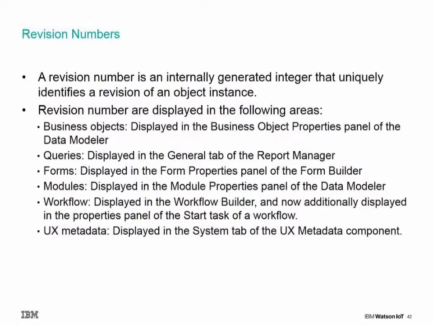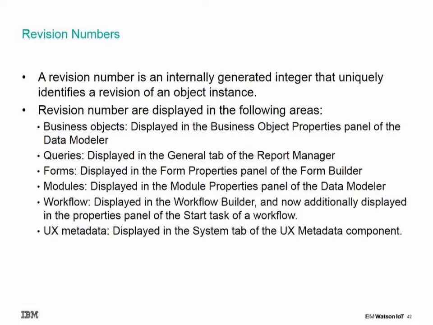Revision numbers. A revision number is an internally generated integer that uniquely identifies a revision of an object instance. Revision numbers are displayed in the following areas. For business objects, they're displayed on the business objects property panel in Data Modeler. For queries, they're displayed when the general tab is selected in Report Manager. For forms, they're displayed in the Form Properties panel of the Form Builder.